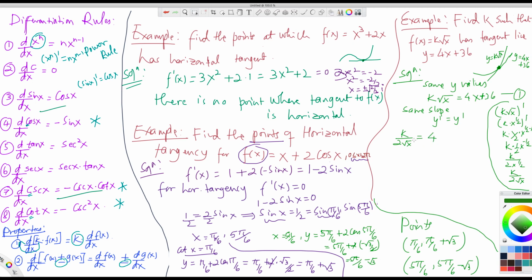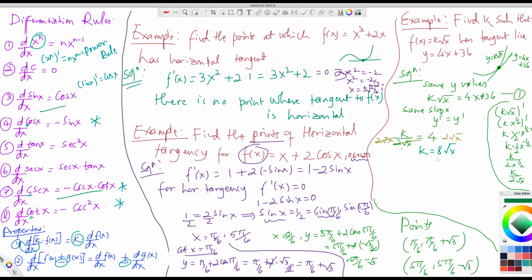So what do you get from here? You multiply both sides by 2 root x. Then you cancel that, so you get k equals 8 root x, because 4 times 2 root x.